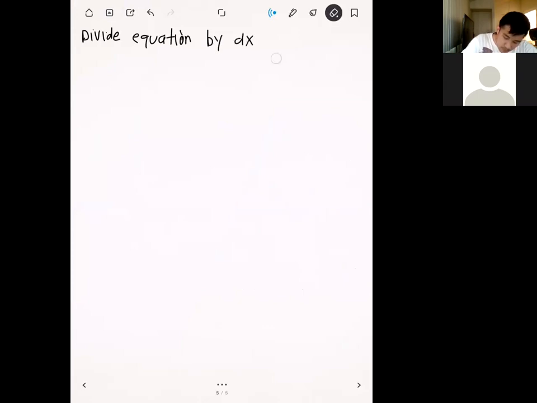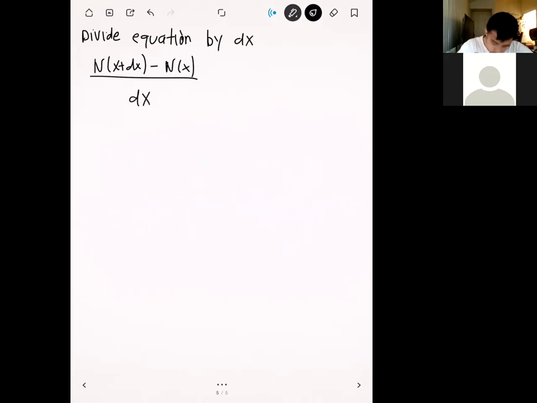And so we have n at x plus dx minus n of x, all divided by dx, plus b of x plus dx over 2, equals 0, right?